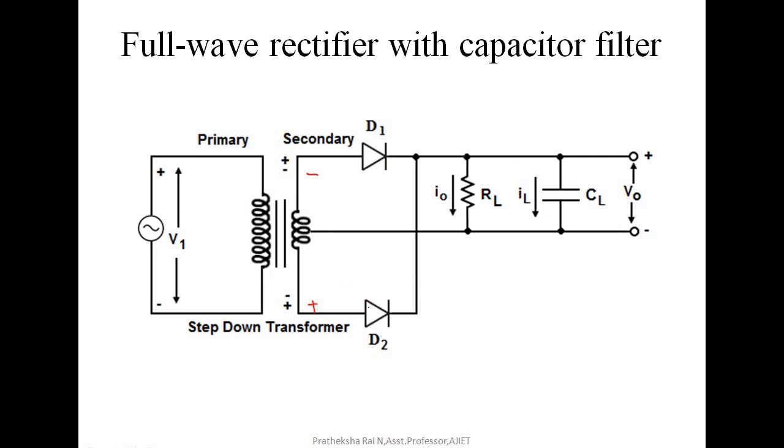Till the diode D2 starts to conduct, and it reaches the point where the capacitor voltage becomes less, or now Vm becomes more. So that is how a capacitor filter will allow the DC component and block the AC component.